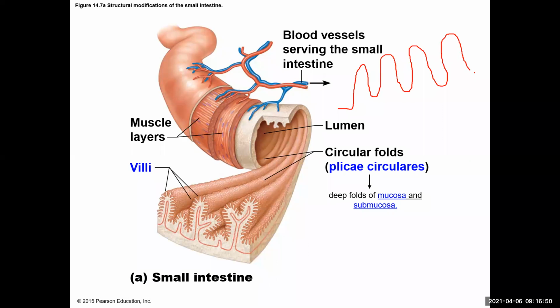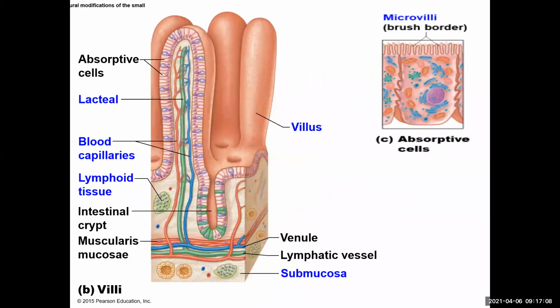So what do we call them? These finger-like projections are called the villi, which are almost 1 millimeter tall. And what is the function of these villi? If you see here, the villi have a lot of blood supply. Look at this, the finger-like projections.